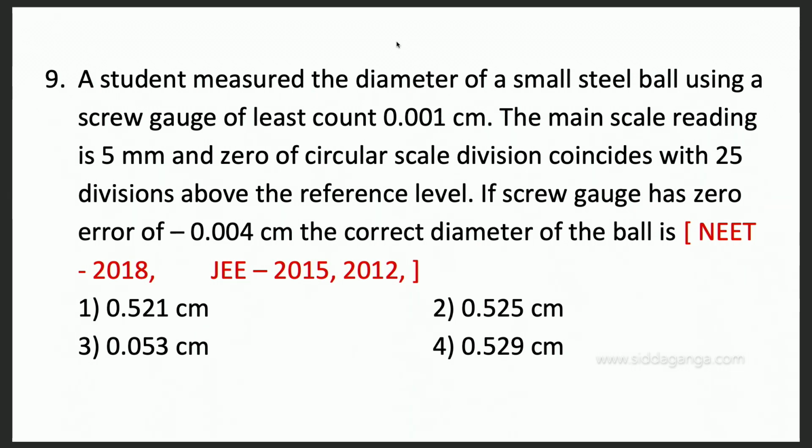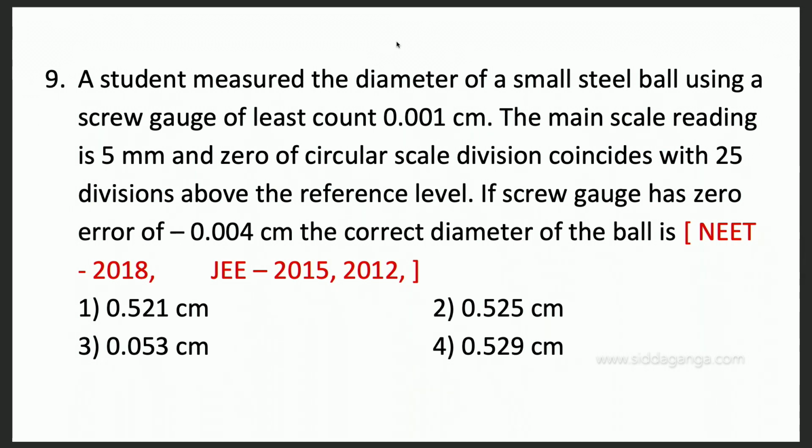The main scale reading, which we call the pitch scale reading, is 5 millimeter. I am writing in accordance with the least count because it is most important to bring the data to a single unit, so I converted into centimeter. The circular scale division coinciding is 25 divisions. The zero error is minus 0.004 centimeter.